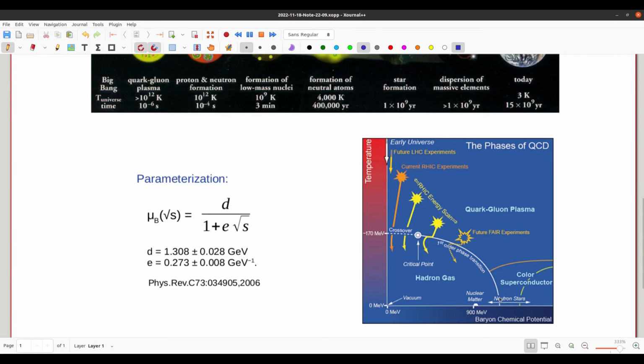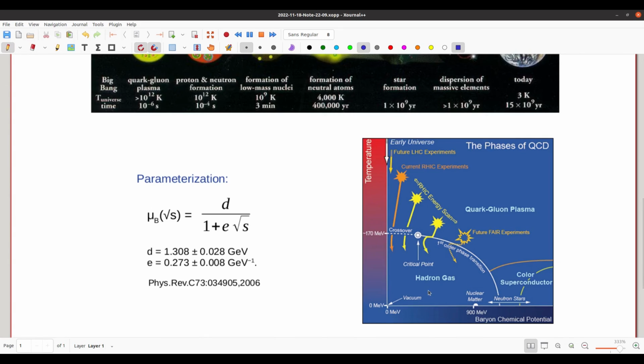At the end point there can also be a critical point, because if it follows the laws of thermodynamics, then we will have one critical point. So we are searching these regions.